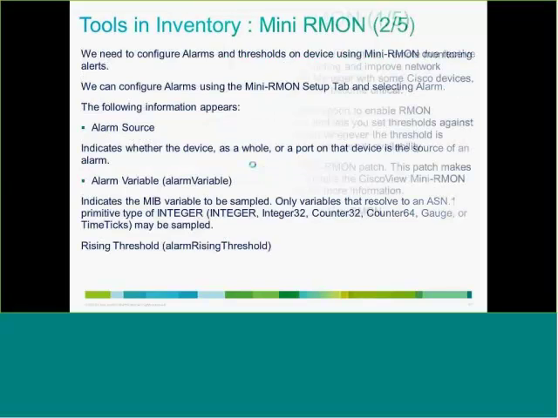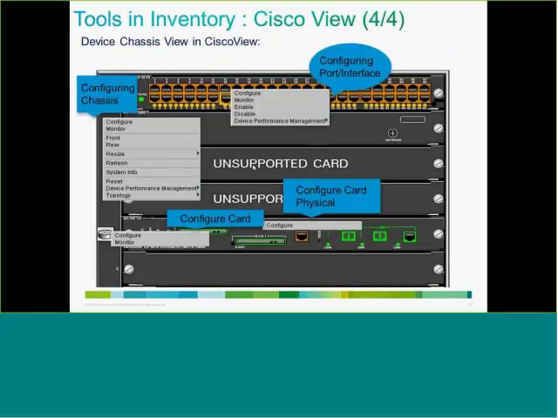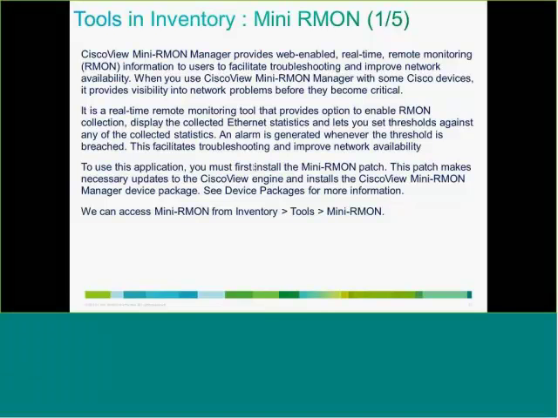So chassis view is also helpful to configure or monitor the device for bandwidth and other utilization details, which is known as Mini Armon. Armon Manager provides web-enabled real-time remote monitoring information, and it facilitates troubleshooting and improves network availability.